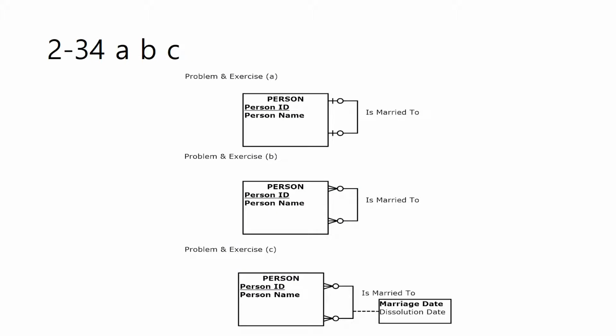So you can see problem A. All we need to know is who a person is currently married to, if anyone. So you can see, is married to zero or one. But in problem B, we need to know who a person has ever been married to, if anyone.